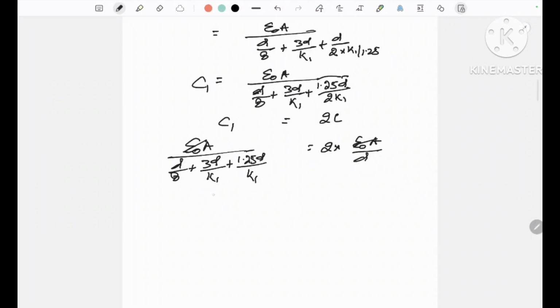Epsilon cancels with epsilon. 1 by 2K, 8K1 will be 1.